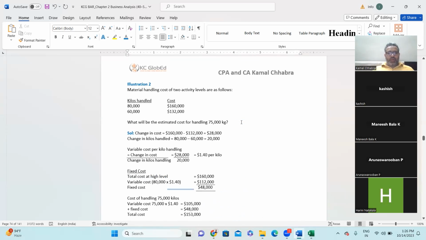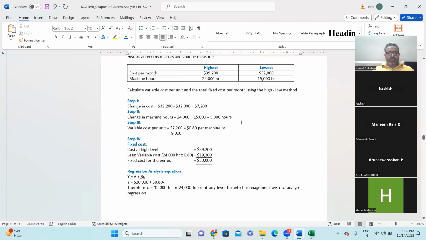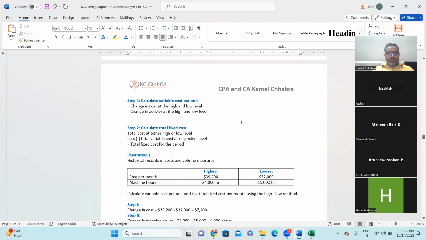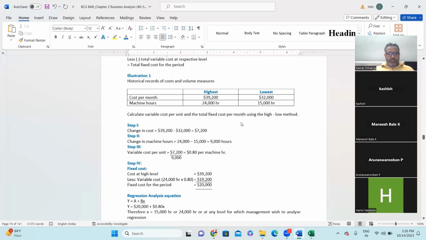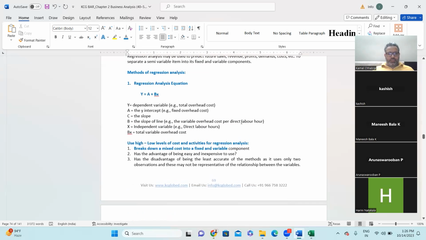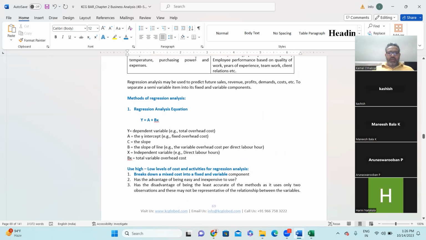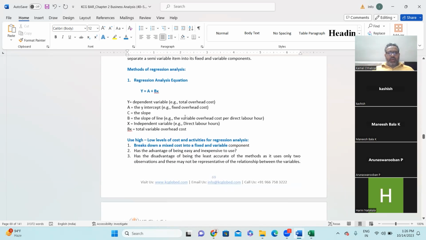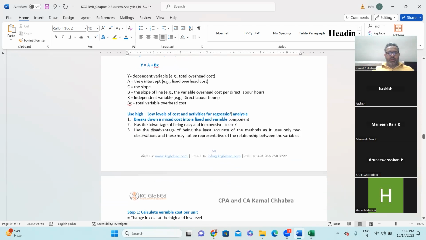If you remember, regression analysis may be used to predict. So what we do in a regression equation, and why do we use it?